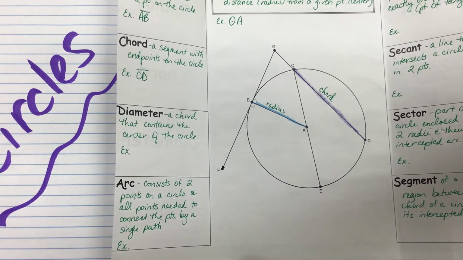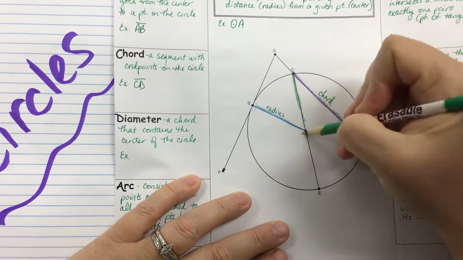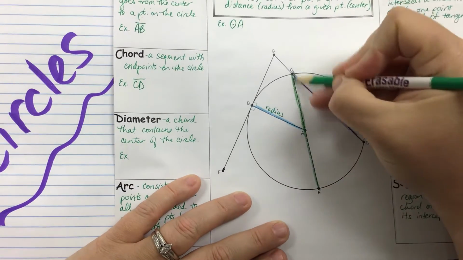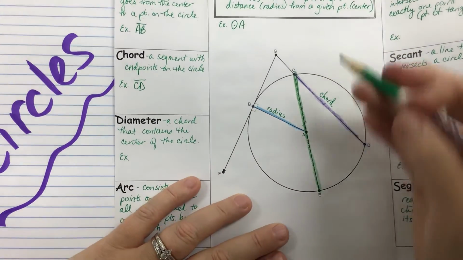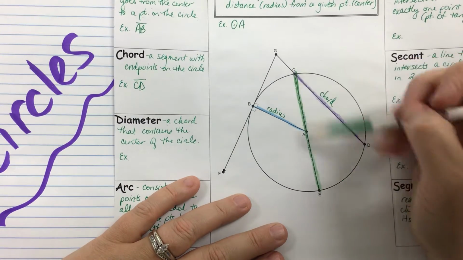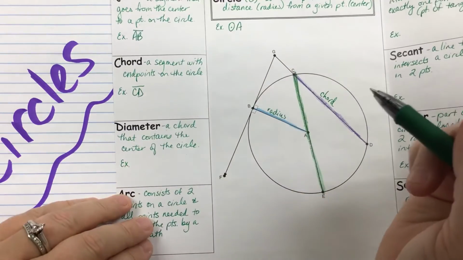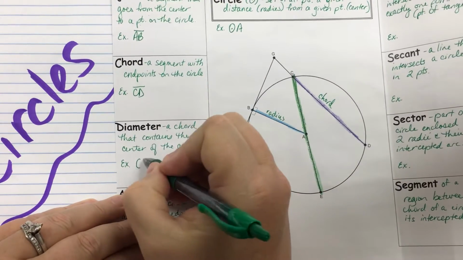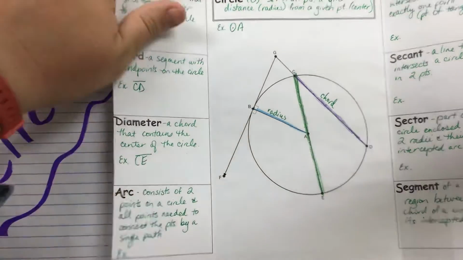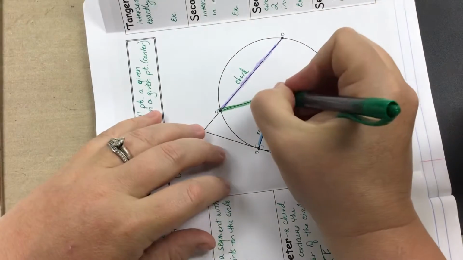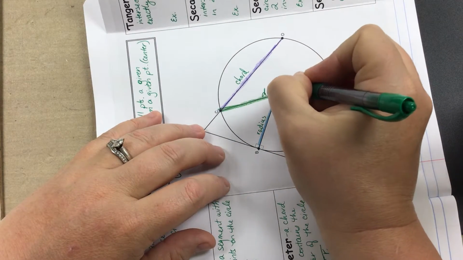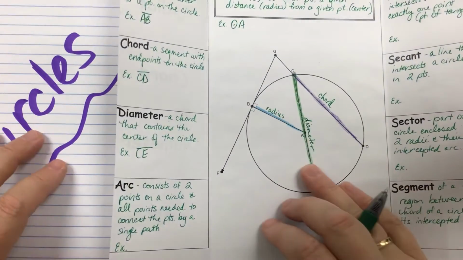The diameter, there's only one in the picture here, would be segment CE, because it has endpoints on the circle, which makes it a chord, and it goes through the center. I'm going to go ahead and write, this is the diameter. Again, it's a chord that goes through the center.